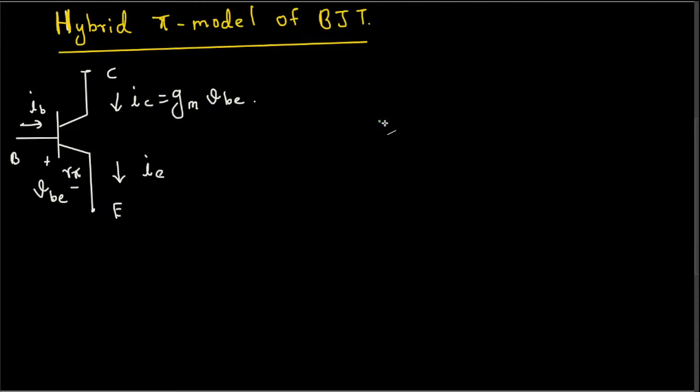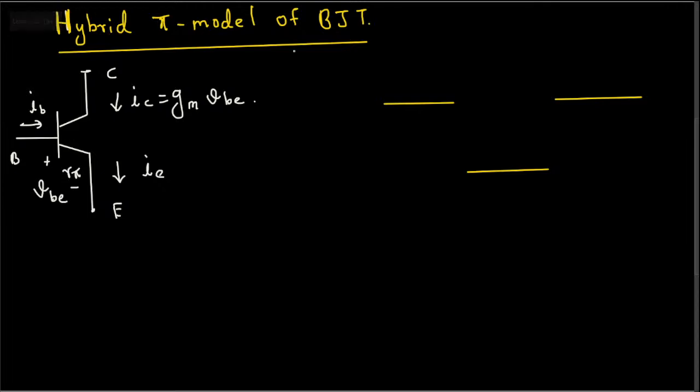We are going to have a shape like a pi that is flipped downward. So at the top of that we are going to have a base, and then here we have a collector, and at the bottom we have emitter.